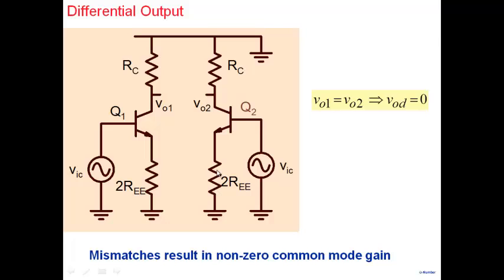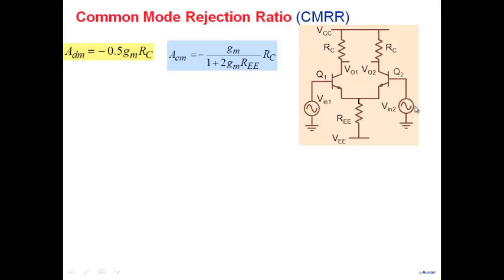Of course, in practice the transistors Q1 and Q2 will not be exactly the same, and the resistors will also not be the same. So V02 and V01 will differ by a slight amount, and V01 minus V02 won't be exactly 0 in practical cases, but a small value.